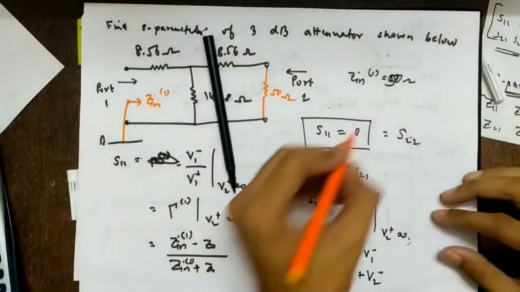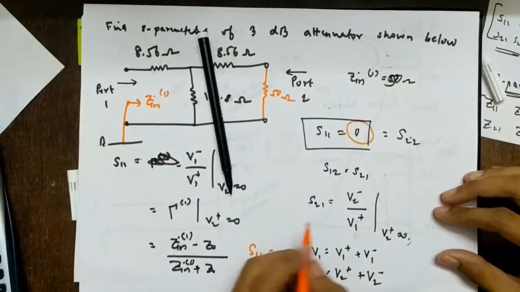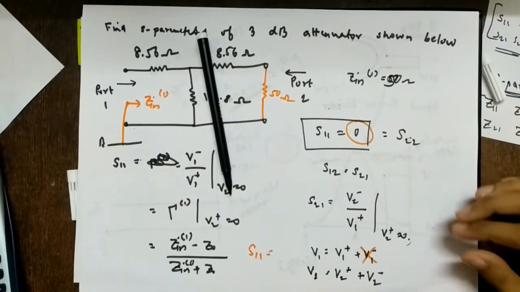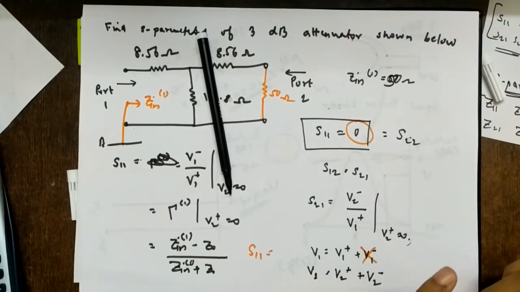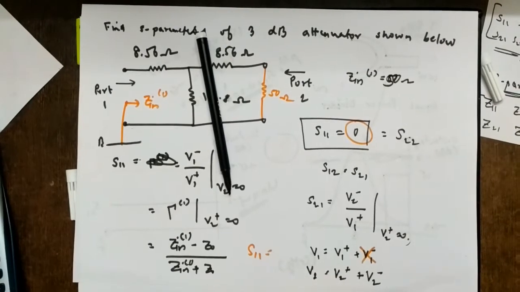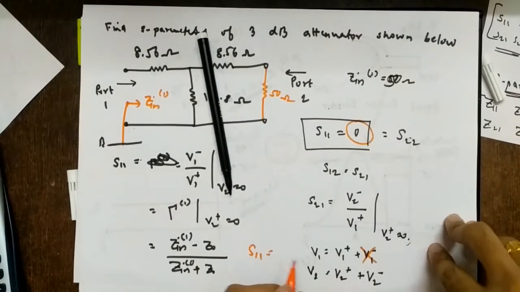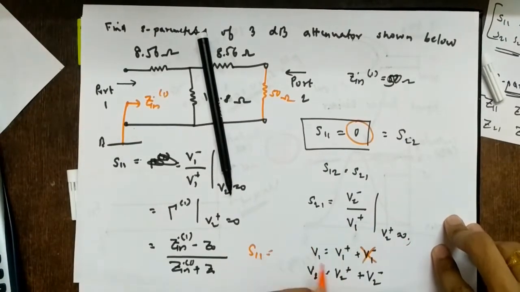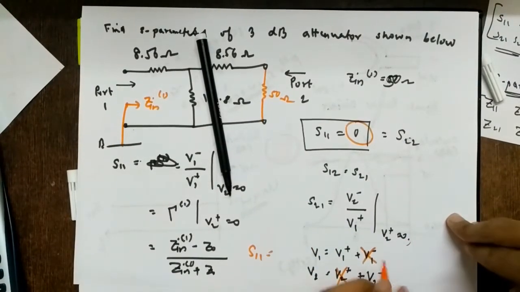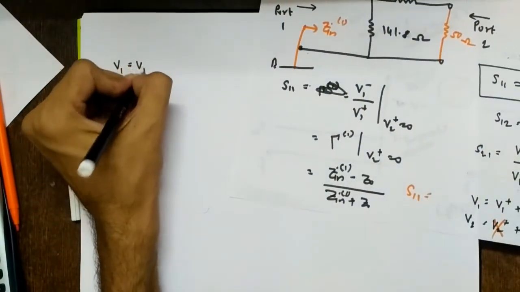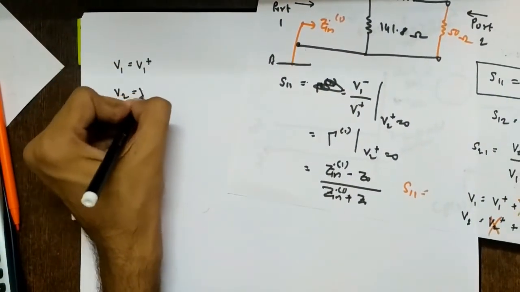Now S11 is 0, meaning nothing is reflected, so V1 minus is 0. Similarly V2 plus is 0 because we are calculating S21. So V1 equals V1 plus, and V2 equals V2 minus.